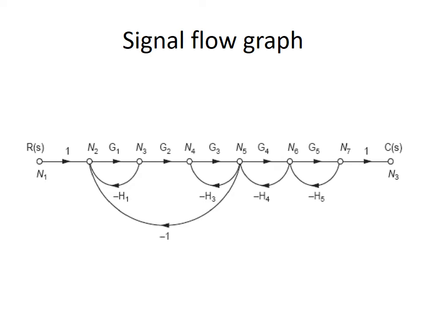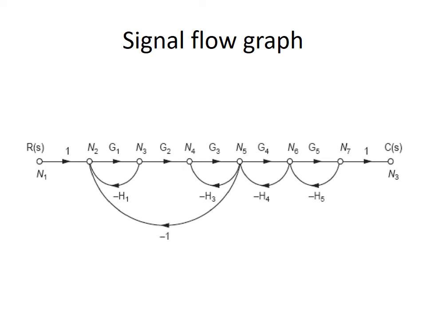Like this, you have to identify the forward path gains and the feedback path gains, the individual loops and how many individual loops you have, and whether there are any non-touching loops, that is, any combination of two non-touching loops or three non-touching loops. All those things you have to see.